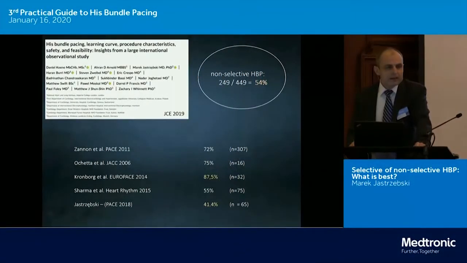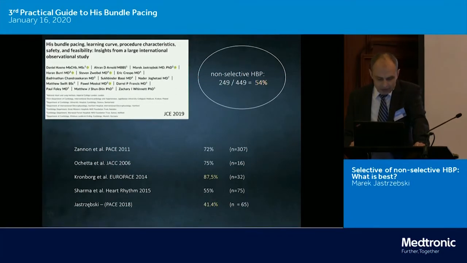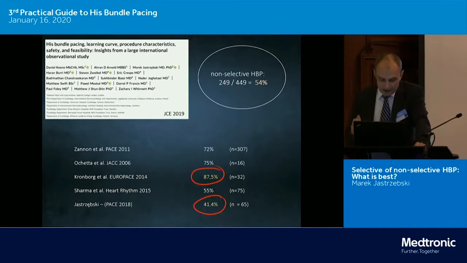And I would like to begin by having a look at the scope of the problem. If you look at the single-center studies, the percentage of non-selective capture among patients with His-bundle pacing was from 40% in my AF study to 87% in Kronborg's atrial AV block patient study.